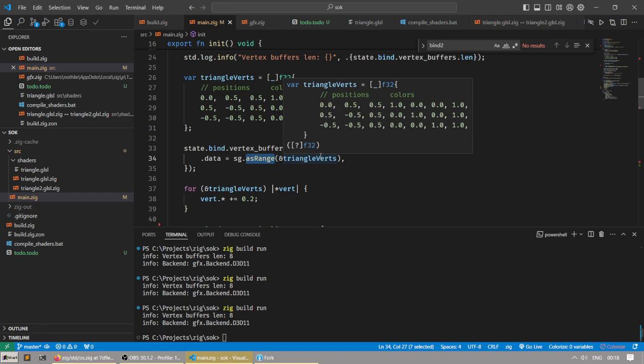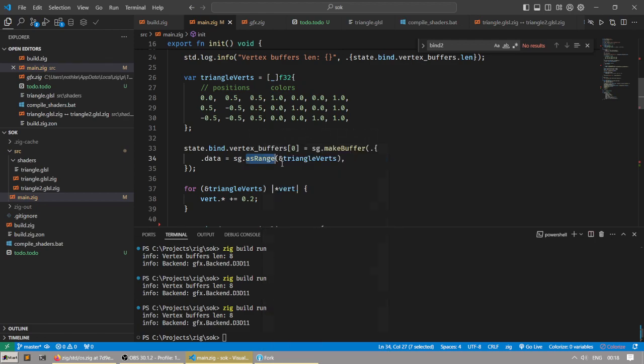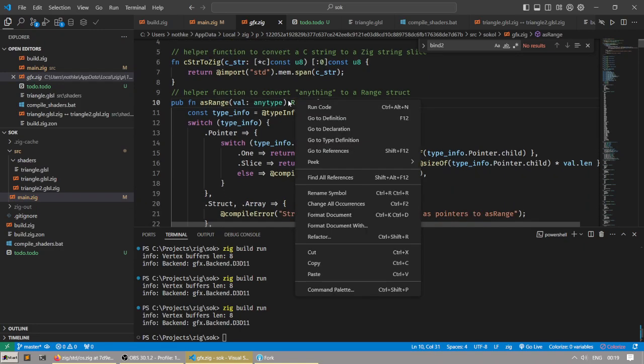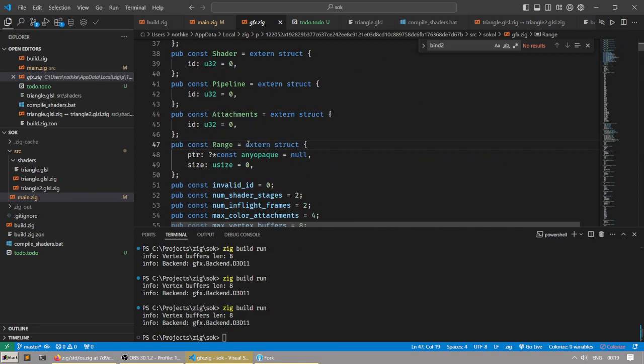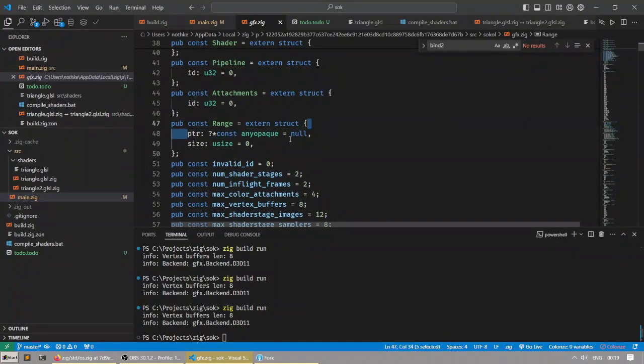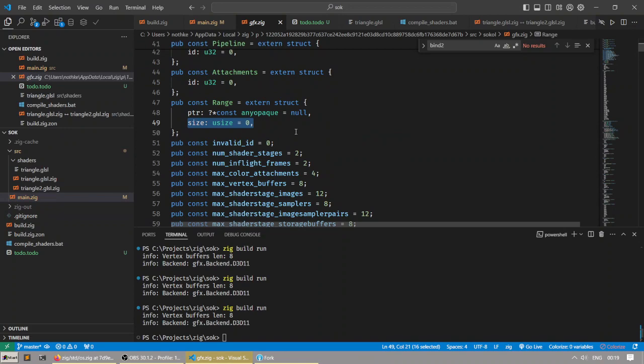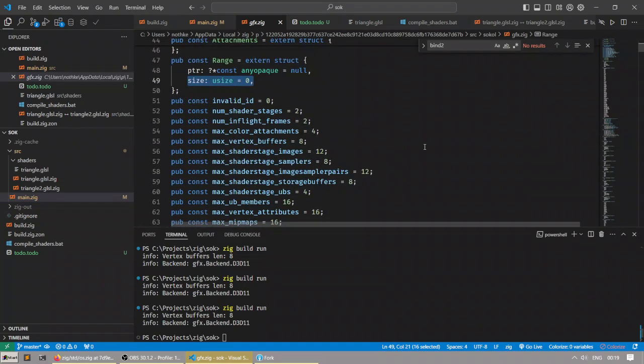It's basically its own kind of span thing. It says here, helper function to convert anything to a range struct. So a range is basically just a span. It has a pointer and it has a size. Look how simple this code is to read, like in Zig. If this was written in C++, it would be a mess, I'm pretty sure. Okay, anyway.